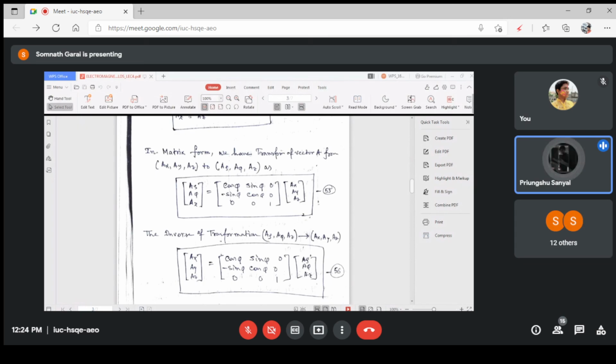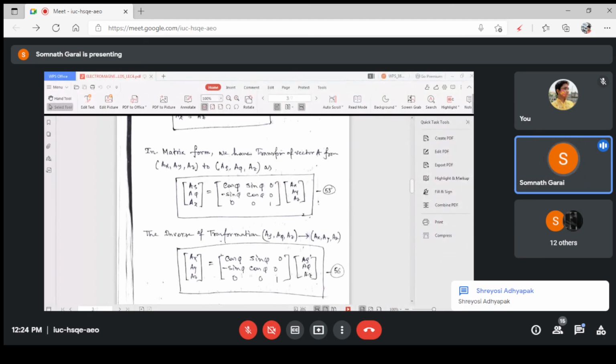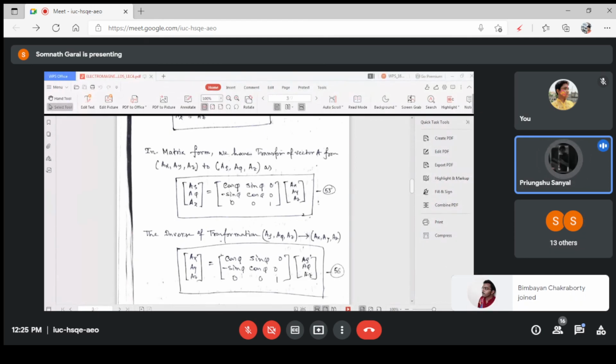Sir, what to do with the matrix, sir? You have to calculate this inverse transformation, that means with respect to a rho, a phi, az, we have to find the values of ax, ay and az from the matrix.